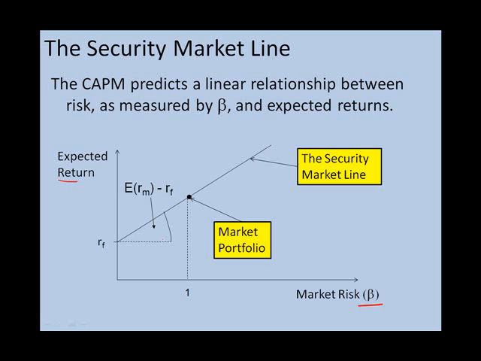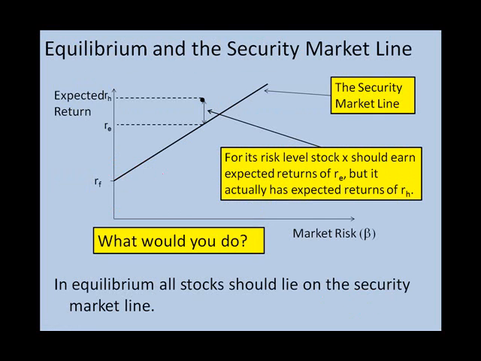The slope of the security market line represents the expected market risk premium. That's how much we get compensated for each unit of market risk that we take on. Now, in equilibrium, all stocks should lie on the security market line.